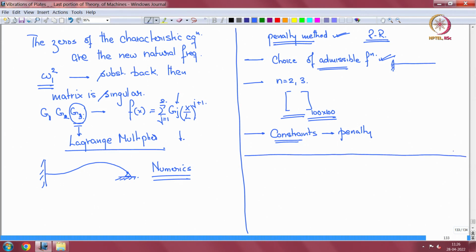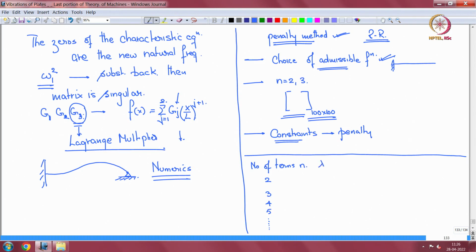The numbers are these, based on the number of terms n, that is 2 terms, 3 terms, 4 terms, 5 terms and so on.